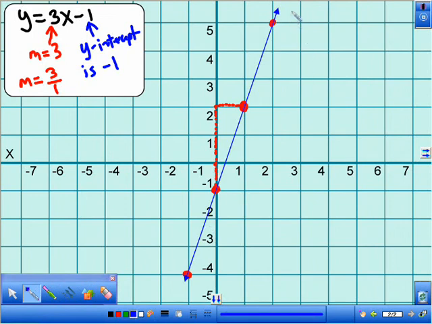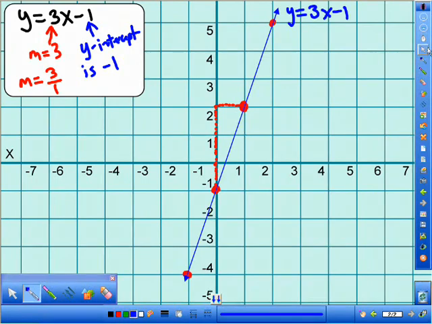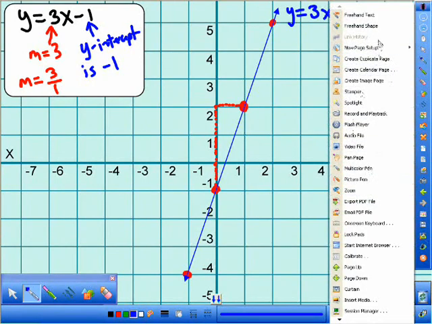And this line is the line of y is equal to 3x minus 1. Pretty simple, right? Okay, let's continue here. Let me get a new page in here.